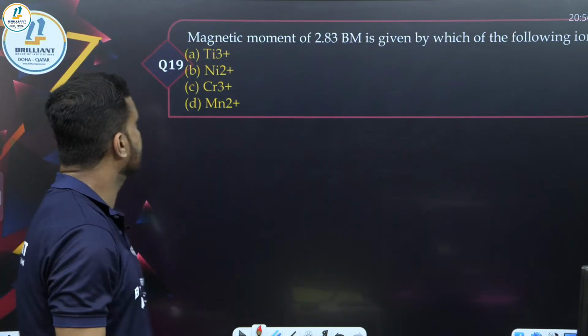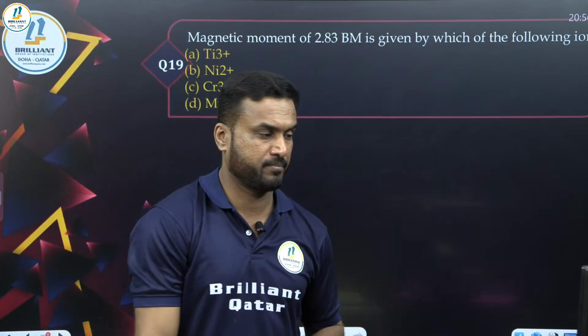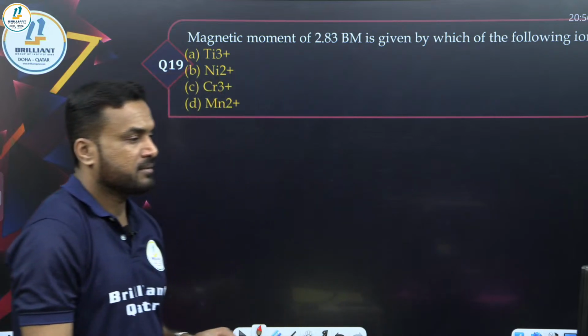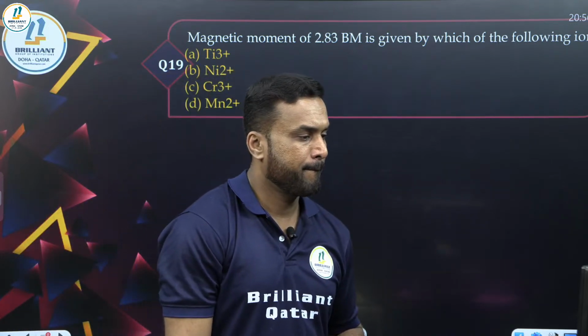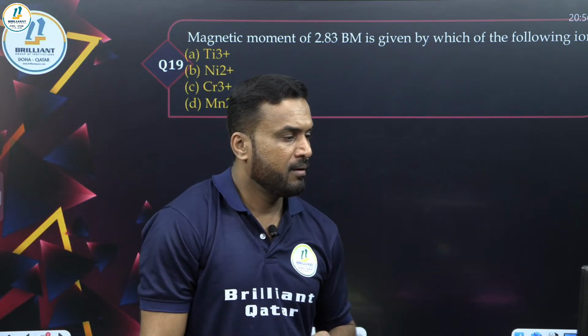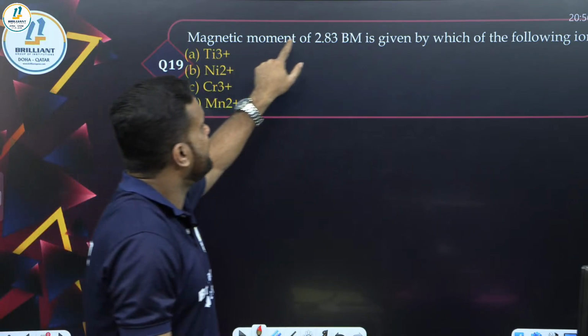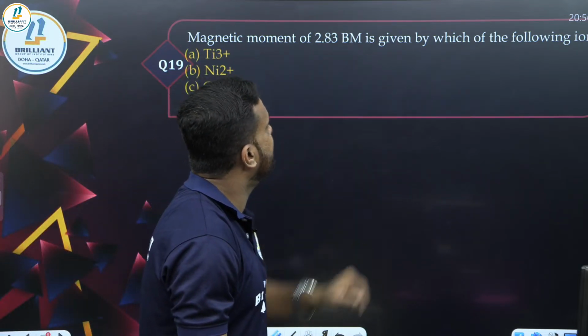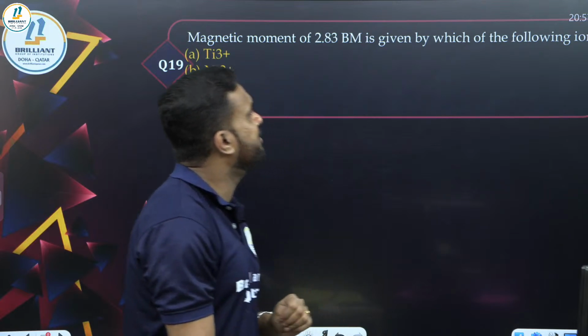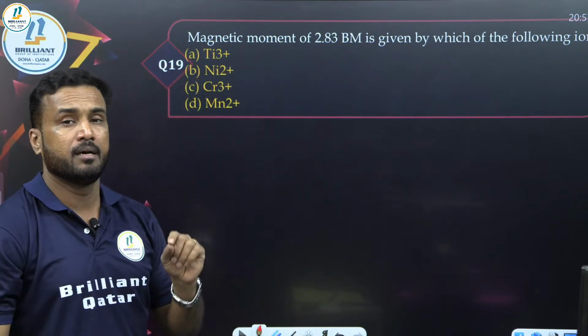Question number 19. Take the 19th one. The magnetic moment of 2.83 Bohr magneton is given by which of the following ions?